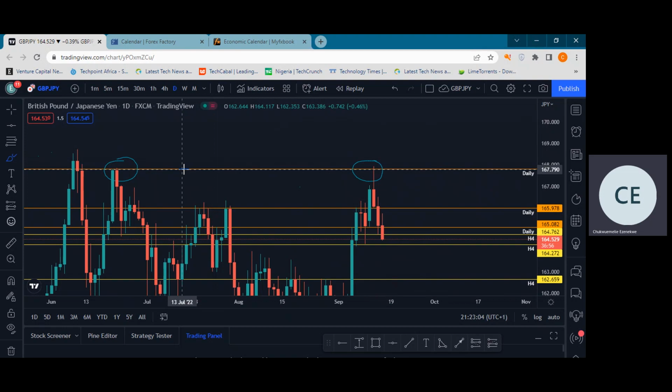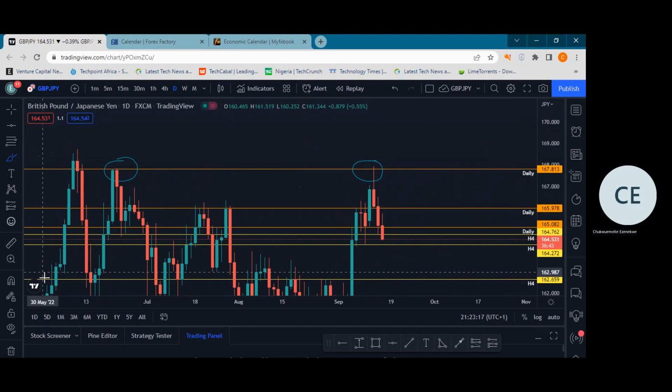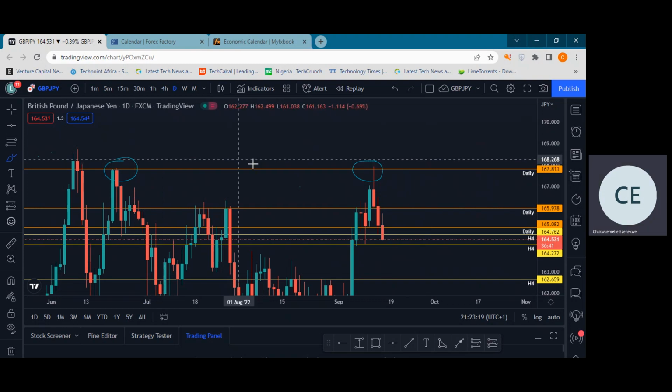And where did it reject? We look back, there was a rejection here. Something I've learned over the months that I have been trading is that the way to judge how strong a zone is, is how much price moved when price tapped that zone. For example, we know that this zone at 167.80 is a very strong zone because when you look at this volume, price moved, and these are the daily candles.